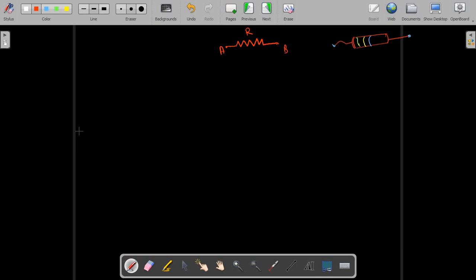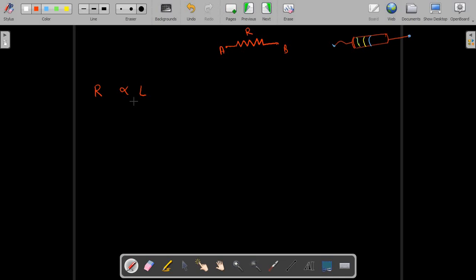According to the experiments, it was found that the resistance in any wire, suppose we forget about the voltage and current, is proportional to the length of the wire. If the length is bigger, the more resistance you will have.